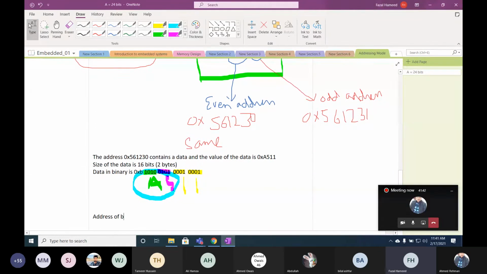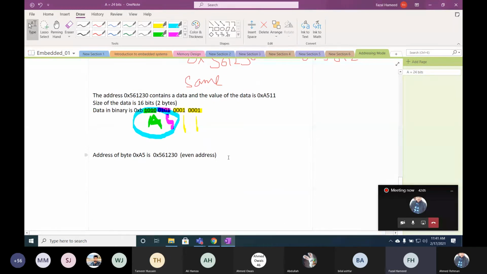The address of byte 0xA5, because it is an even address, is 0x561230. So it means that byte 0xA5 is located at the even address.